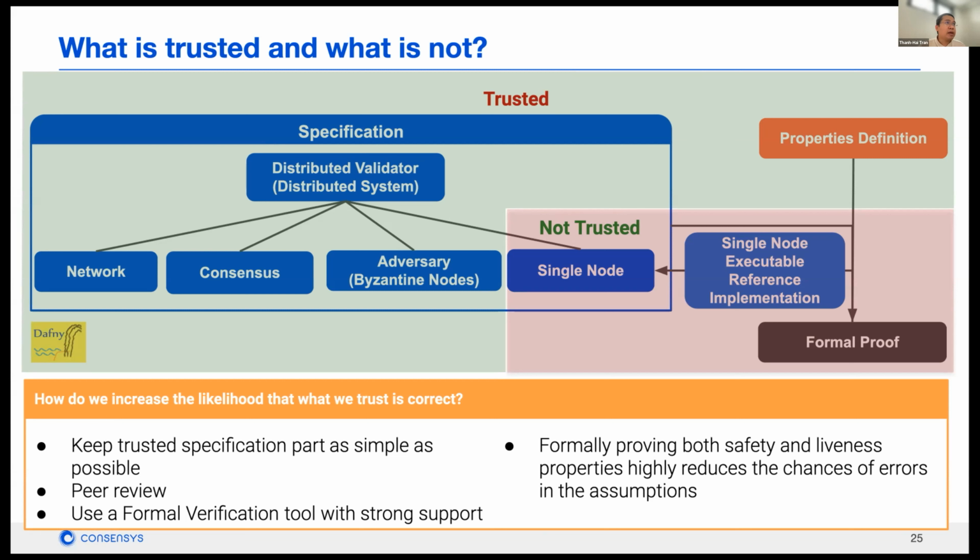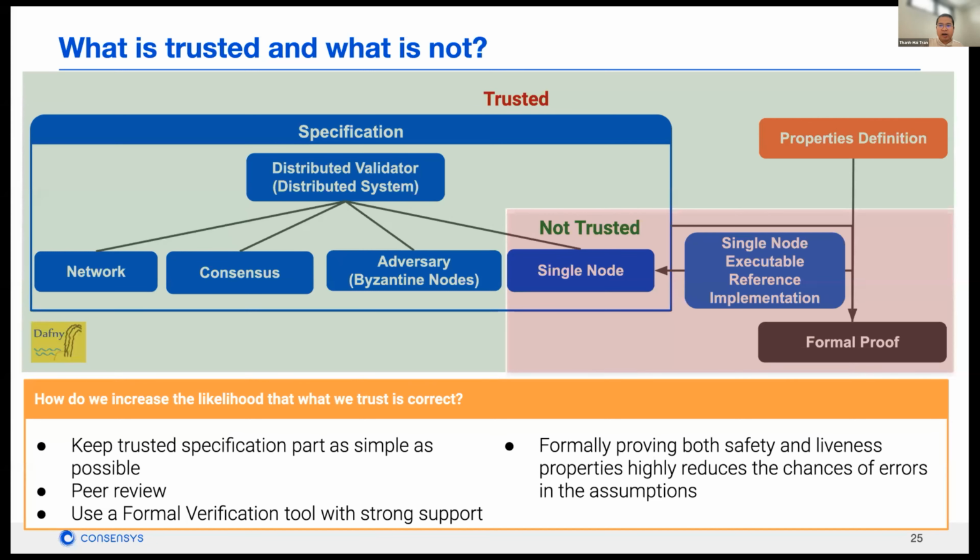So let's consider a scenario where the network has completely crashed, so no messages are delivered. And it means honest nodes cannot make any step. So it's very easy to see that in this case, the safety property is guaranteed. However, we don't want to have this scenario in our application.